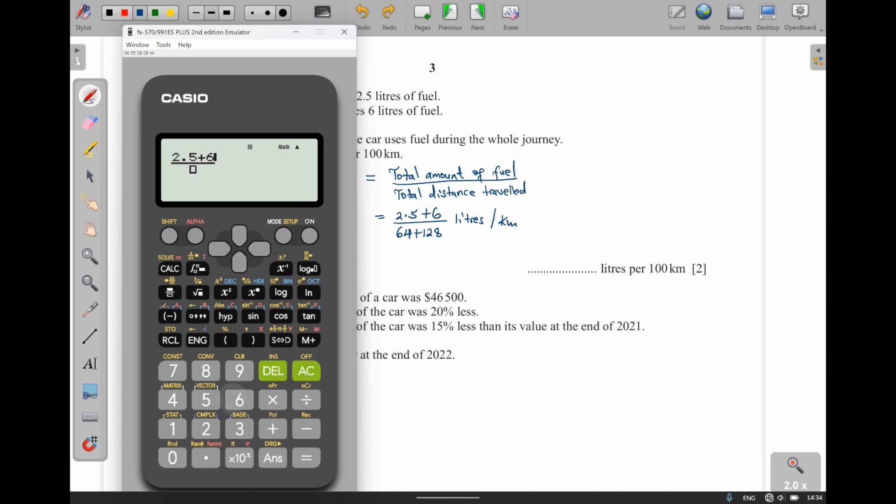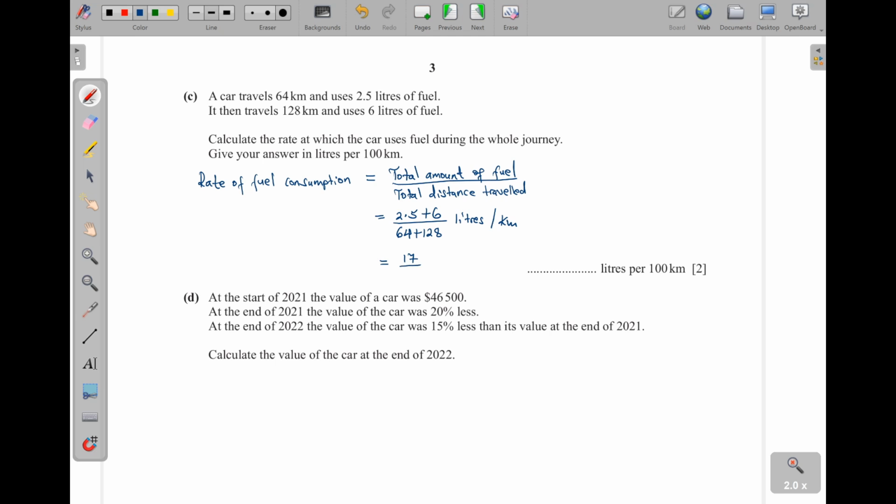2.5 plus 6, then we divide by 64 plus 128. That is 17 out of 384. These are liters per kilometer. So how about when it is 100 kilometers?